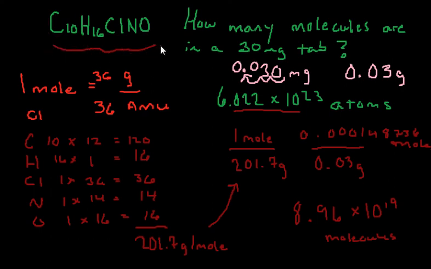This is a molecule, right? And that's what it's asking. How many molecules are in a 30 milligram tablet? I'm trying to think of a better way to explain that. I don't know how to explain that any better. So hopefully that makes sense. But 8.96 times 10 to the 19th power molecules. That's how many molecules. So that answers our question.